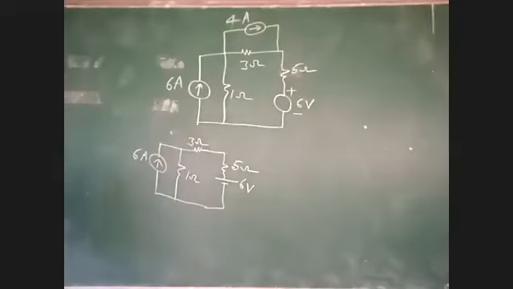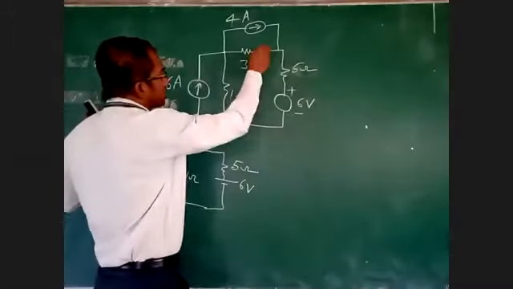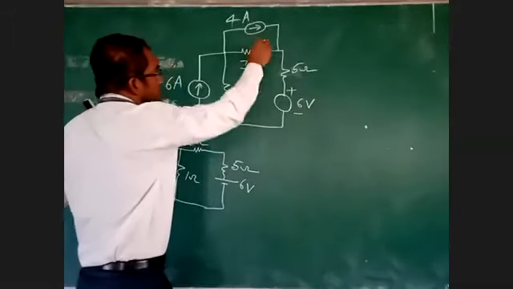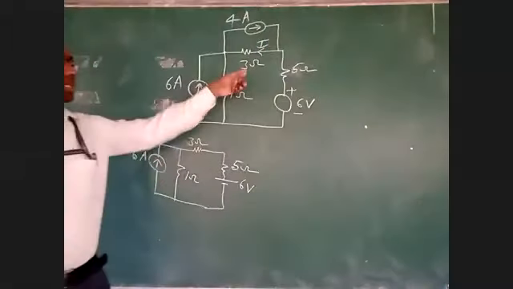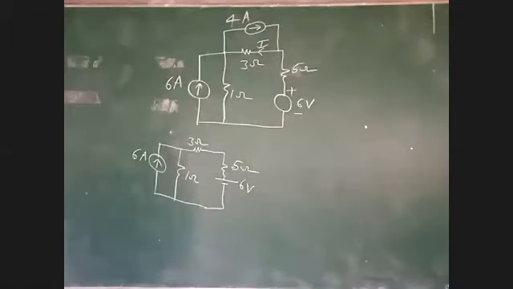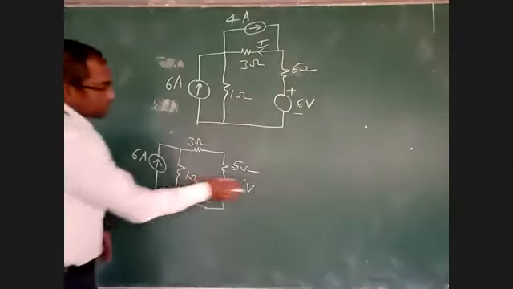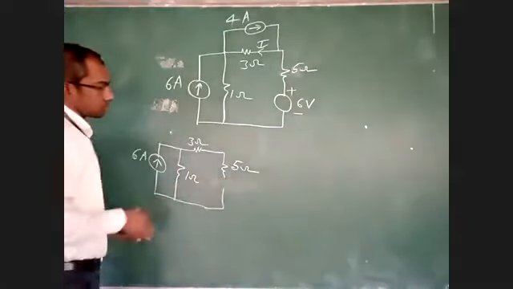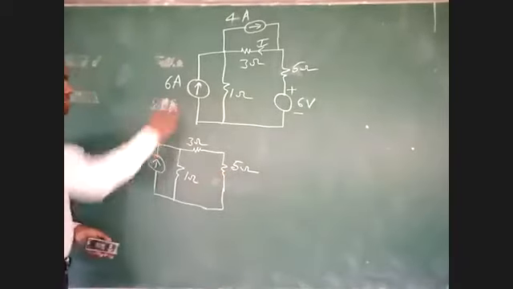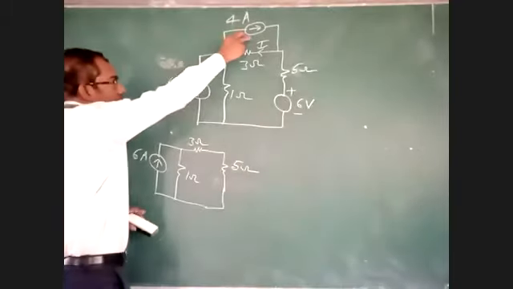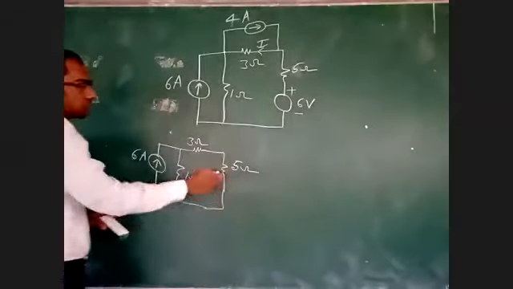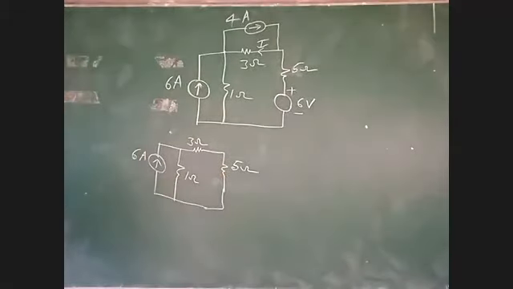In the problem, the current direction is given; let us assume it. Determine the current I in 3 ohms using superposition theorem. So the voltage source has to be shorted, sir. If you are considering one source, the remaining current sources will be open circuited and the voltage source should be short circuited.